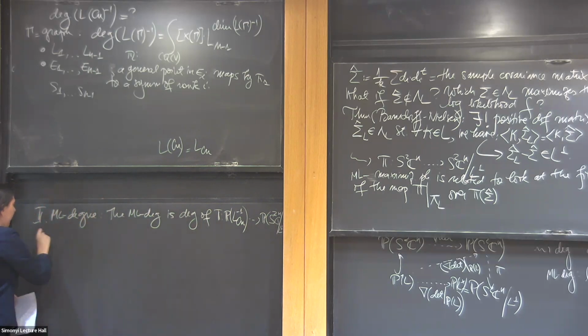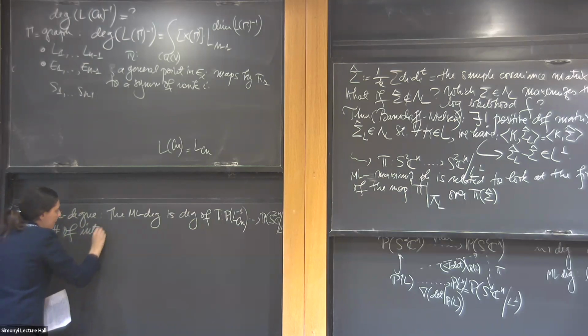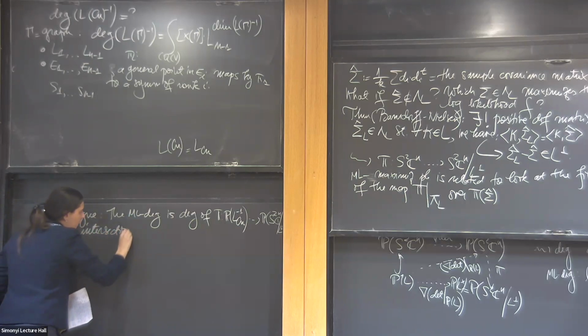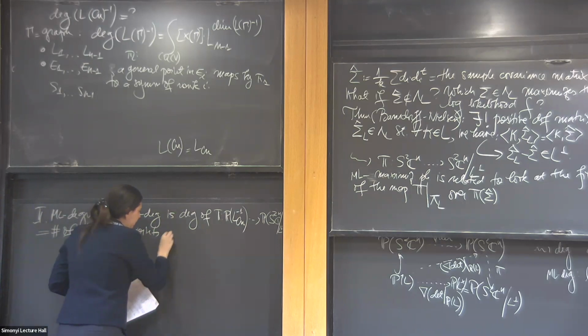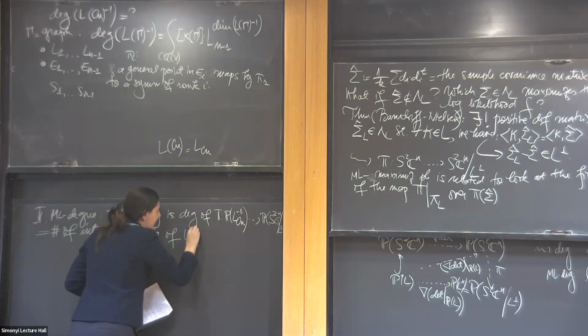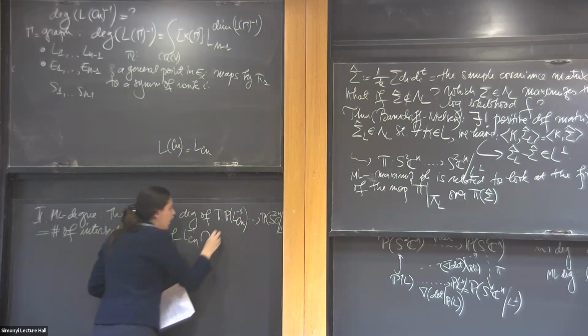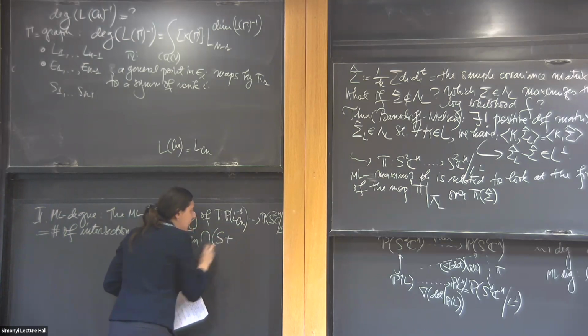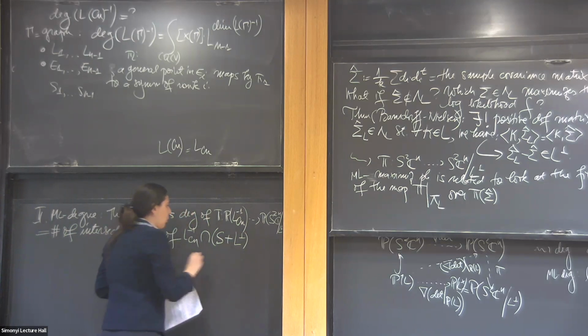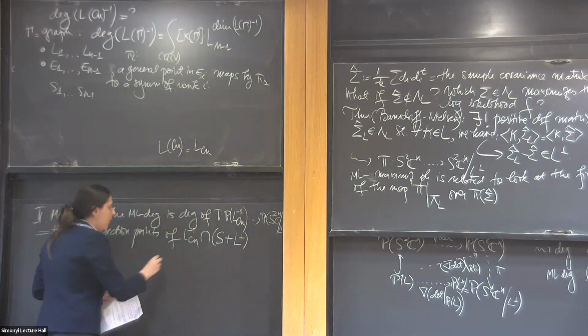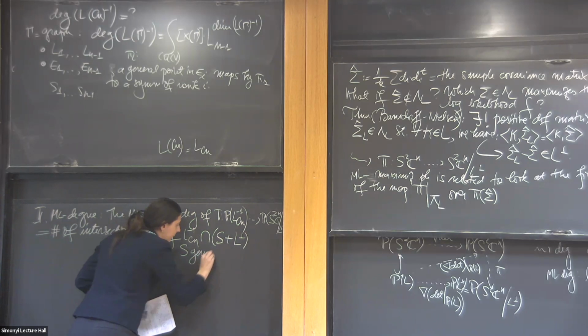And this is in fact the number of intersection points of L_CN inverse intersected with S plus L perp, the base locus, where S is a generic matrix, a generic point.